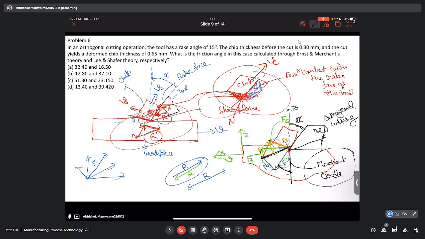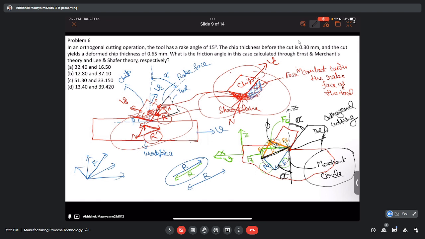Since it is alpha, therefore this angle will also be alpha. And similarly, what is this angle? This is phi, or the shear plane angle.